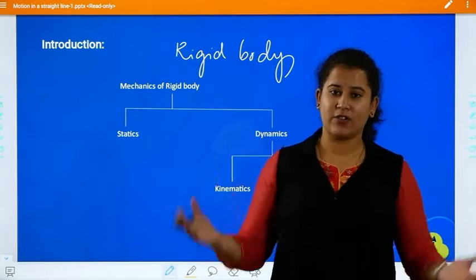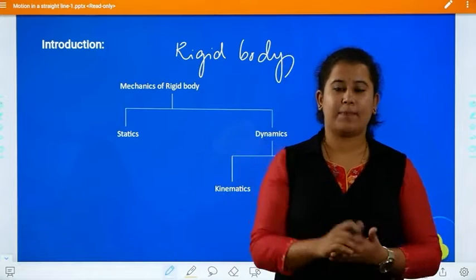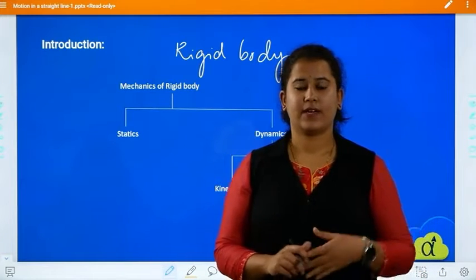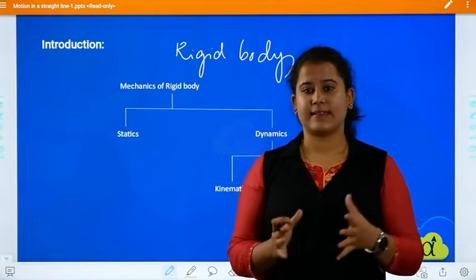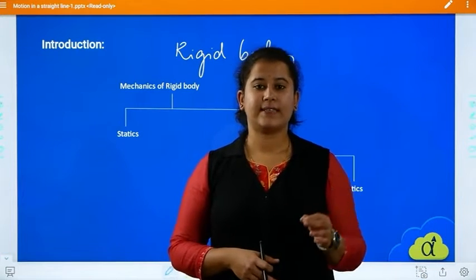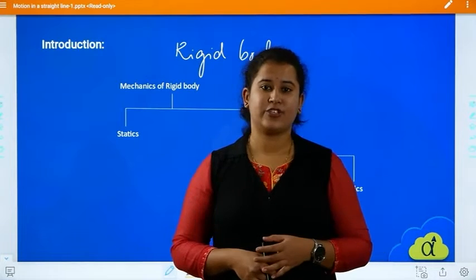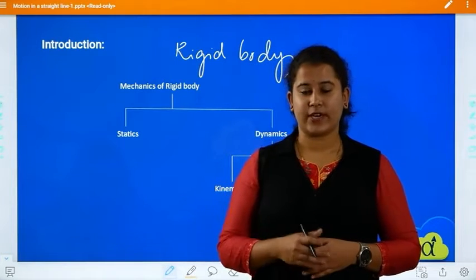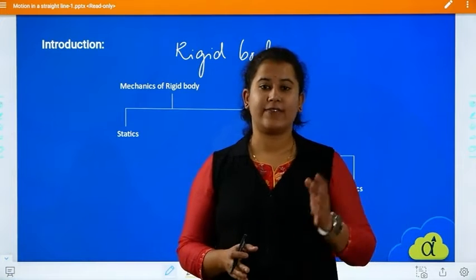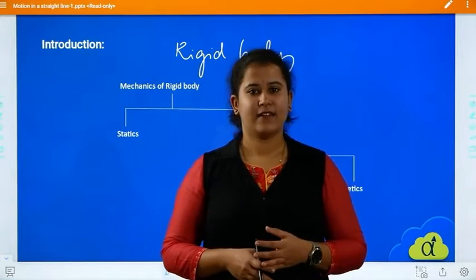Then take a huge stone and apply some external force on it, but also it won't break, right? So that stone is a rigid body. So what is a rigid body? A rigid body is a body which has certain size and shape which cannot be destroyed, even after applying external forces.